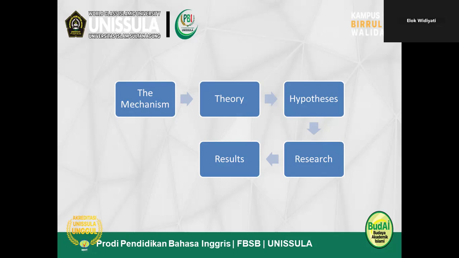And then after doing those two steps, you have to do the research by yourself or by a team, individually or in a group. So the data and its analysis coming from the research should be generated into a certain result before creating it into a scientific or academic research report.